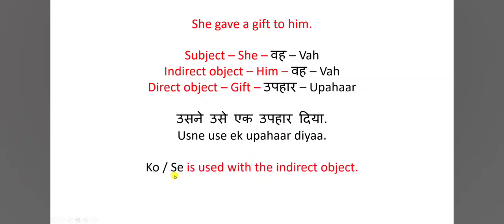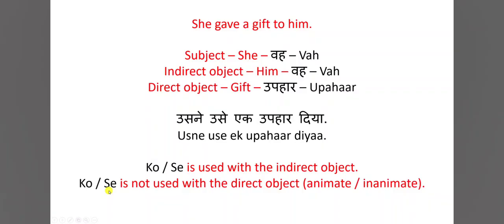Ko or say is used with the indirect object. Now in the sentence, him is the indirect object. So we have to use ko with it. So वह plus ko is usko, which is उसे. So we have used उसे in the sentence.